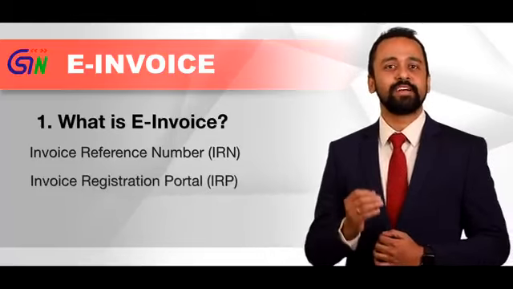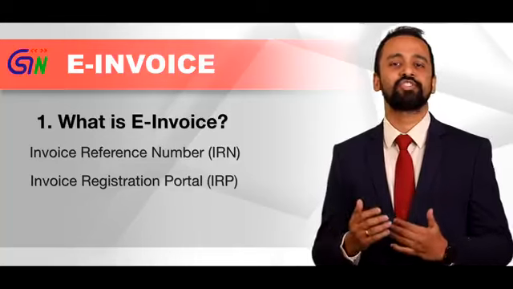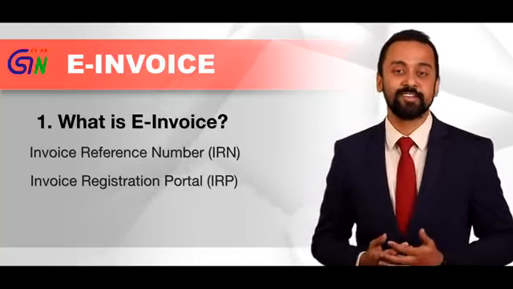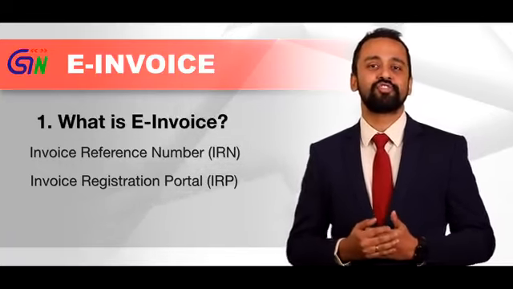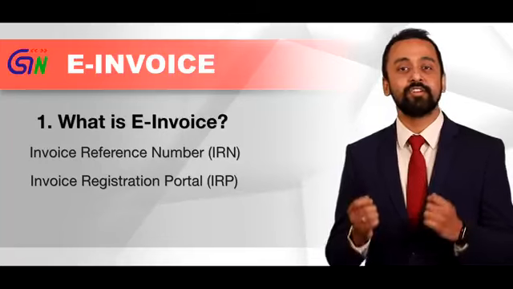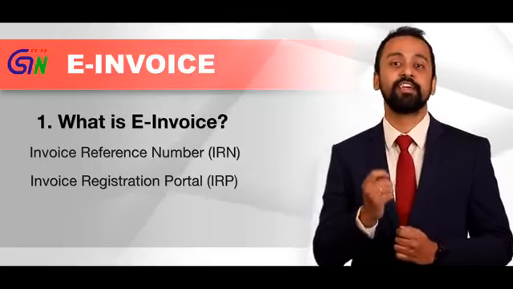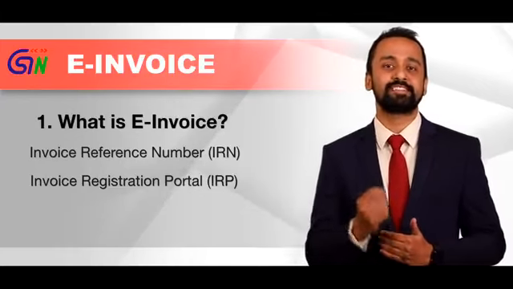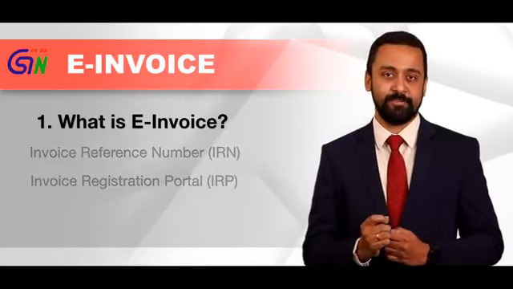This IRN will be assigned to individual e-invoices by the Invoice Registration Portal, or the IRP. Now the question arises, what is IRP? IRP, or the Invoice Registration Portal, is that central registry to which the taxpayers will be reporting their e-invoices, and in turn the IRP will assign individual e-invoices with a unique IRN.